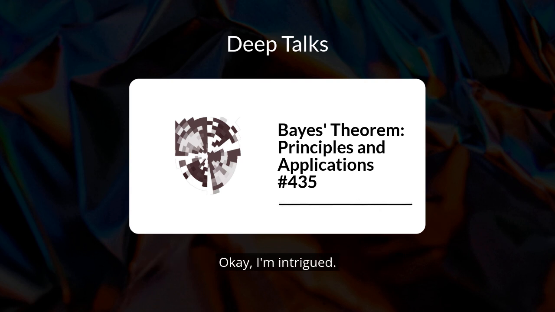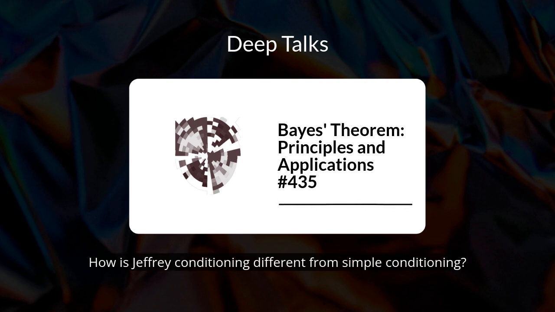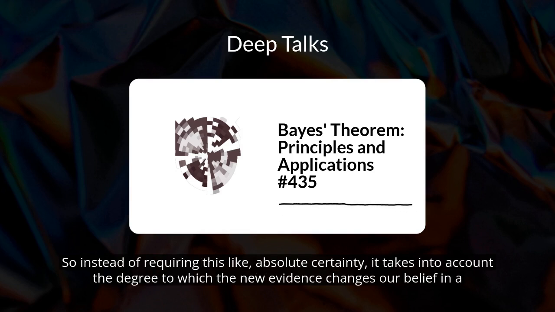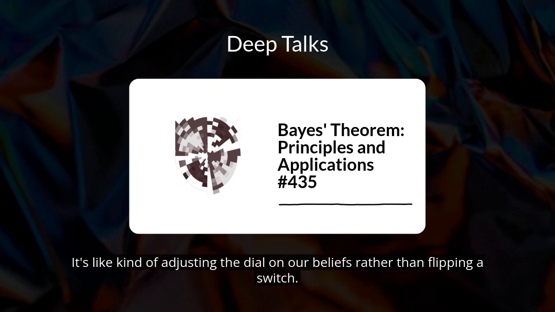Okay, I'm intrigued. How is Jeffrey conditioning different from simple conditioning? Jeffrey conditioning is a more general way of updating beliefs when we're dealing with uncertain evidence. Instead of requiring absolute certainty, it takes into account the degree to which the new evidence changes our belief in a proposition. It's adjusting the dial on our beliefs rather than flipping a switch.